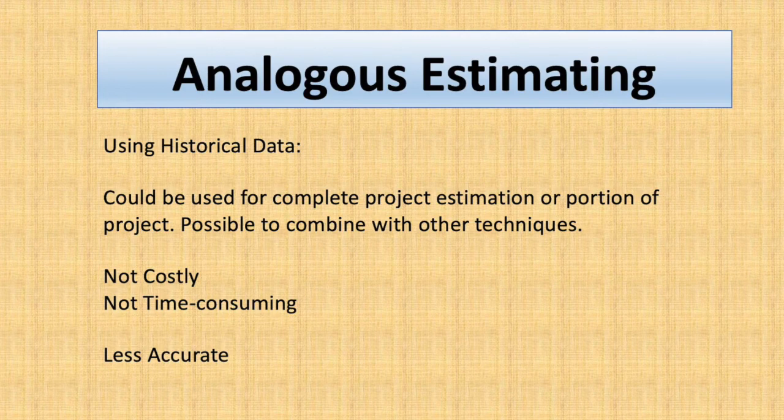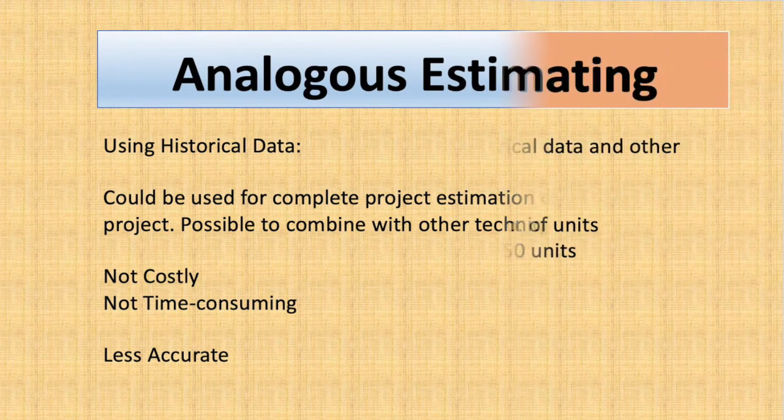For example, we have done the same activity in our previous project, so we refer to that project. Last time it took 10 hours, so we consider the duration as 10 hours.